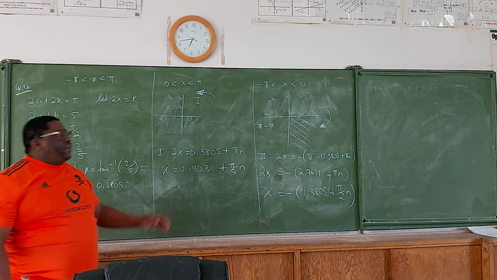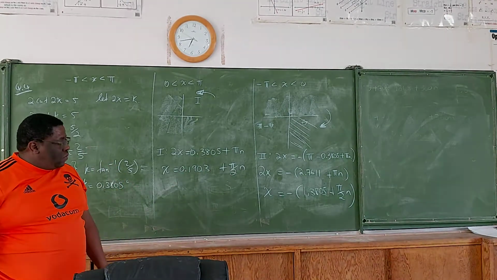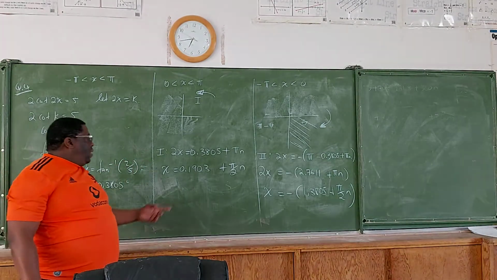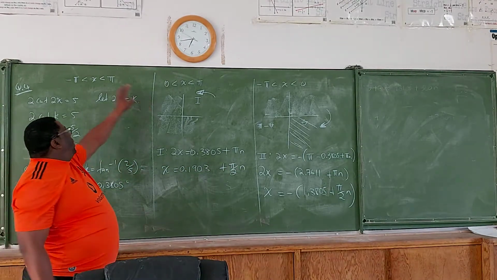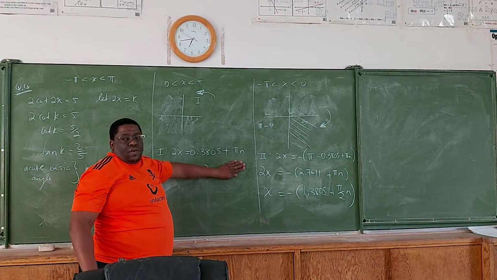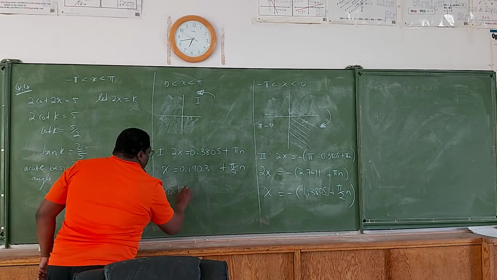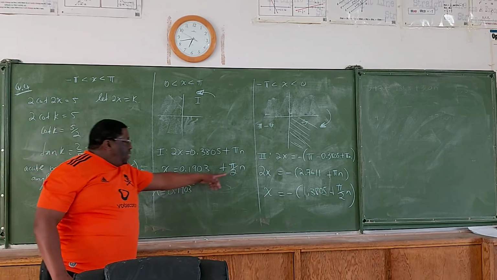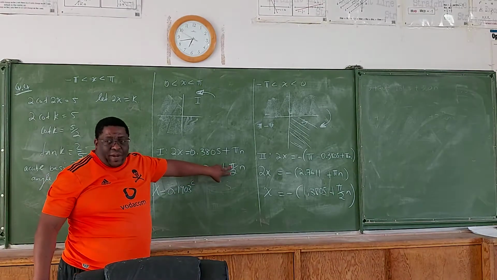Right, let's come here. We're looking for our solution. If n is equal to 0, will our answer lie within the given domain? What is this value if n is equal to 0? So x equals 0.1903 radians. If n is equal to 1, remember this is like a half pi, so it will make sense.